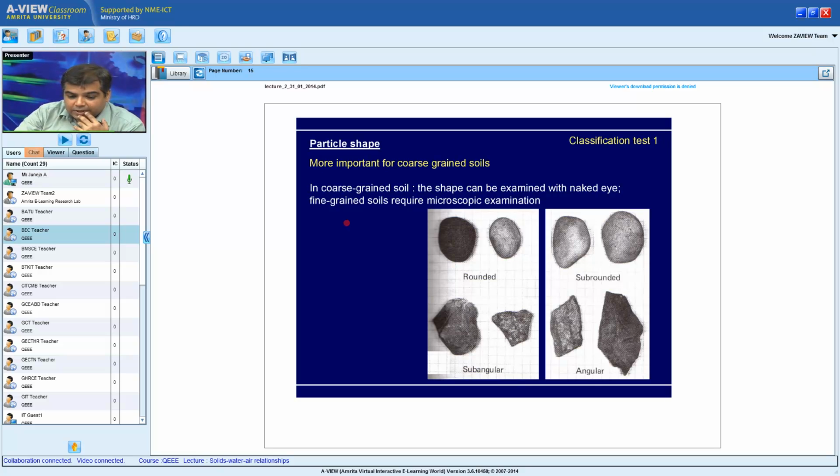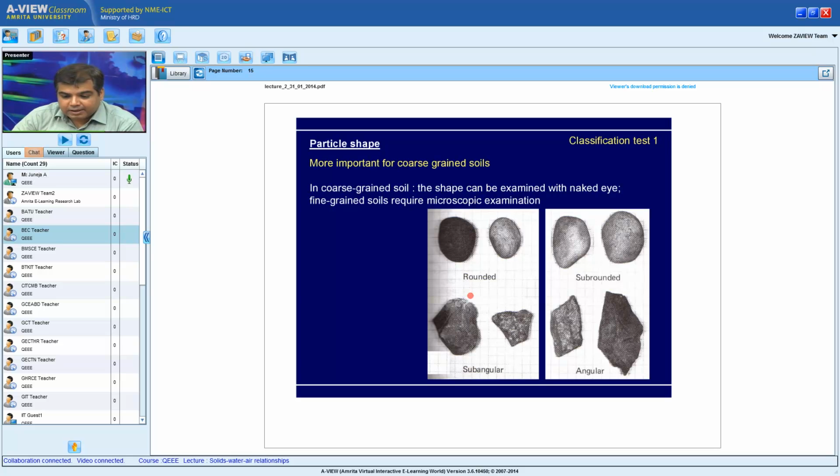How do you index the soil? The first one is based on particle shape.